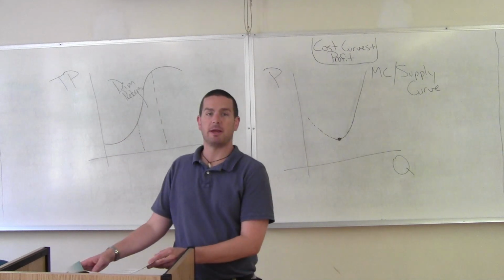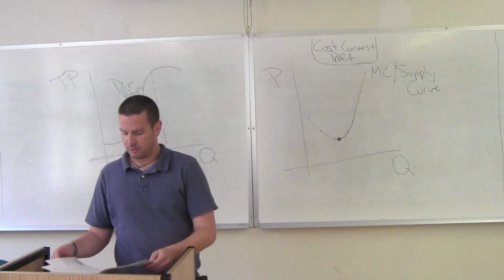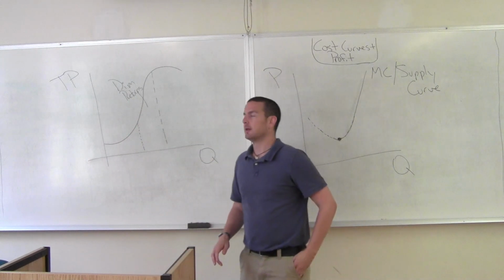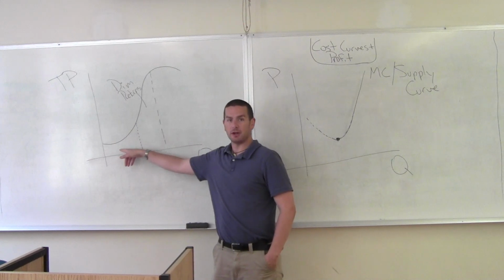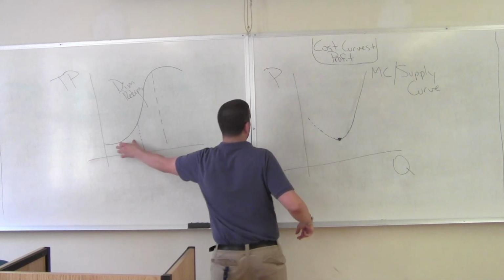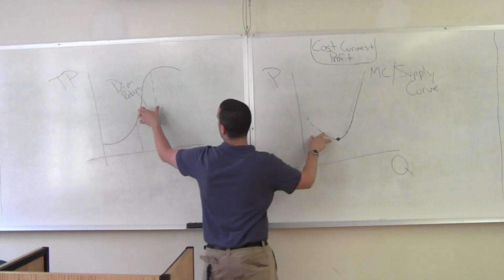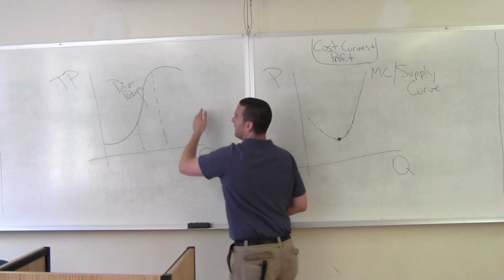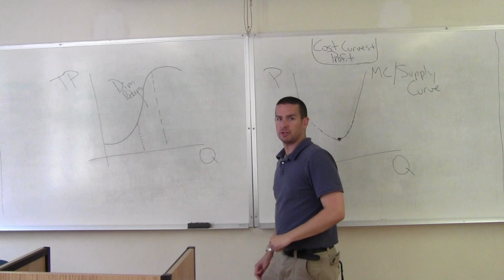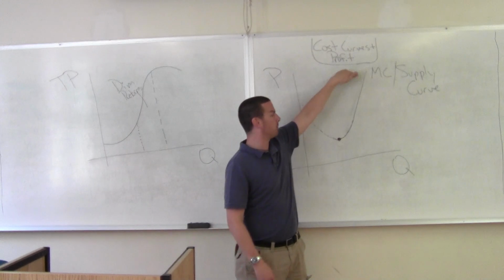The diagram is on page 136. You have increasing marginal returns here, which is why your marginal cost curve slopes downwards, and then for the rest of the diagram, you have diminishing marginal returns, which is why your marginal cost curve slopes upwards.